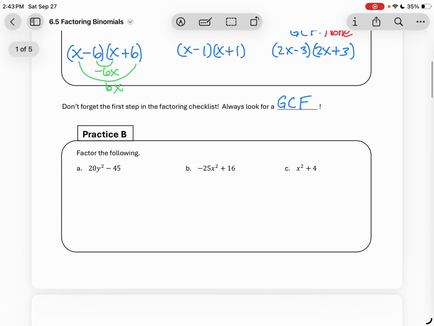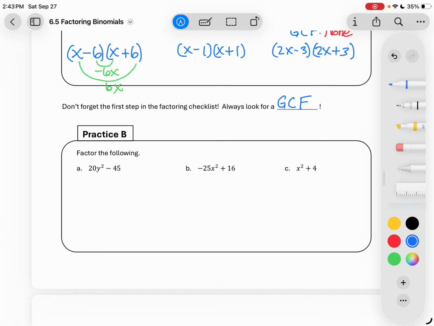So the first one is 20y squared minus 45. Let's take a look for any GCFs, greatest common factors. And I believe there is one. I think it is 5. So 5 can get factored out front, and we'd be left with 4y squared minus 9. Then if you look at what's in parentheses, we've got another difference of squares here.